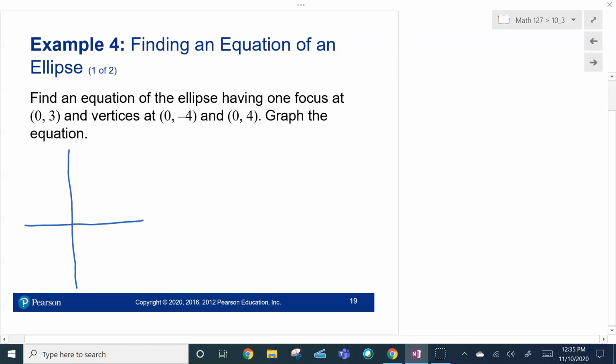Alright, vertices: 0, negative 4. The other vertex is 0, 4. Focus is 0, 3.